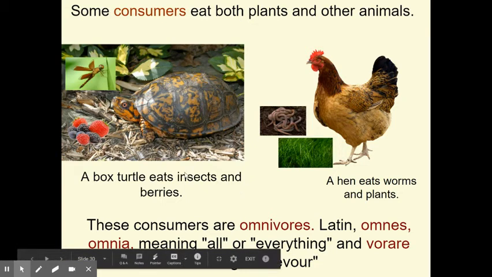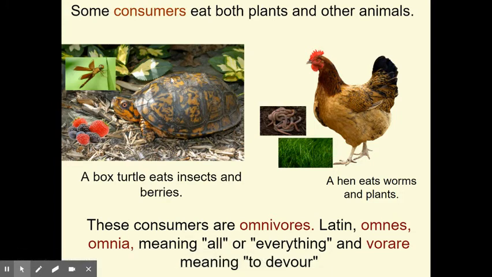Here are some examples. A turtle is an omnivore because it eats both insects, bugs, like this dragonfly, and berries. A hen, or chicken, is an omnivore because it eats both worms, meat, and plants, like grass.